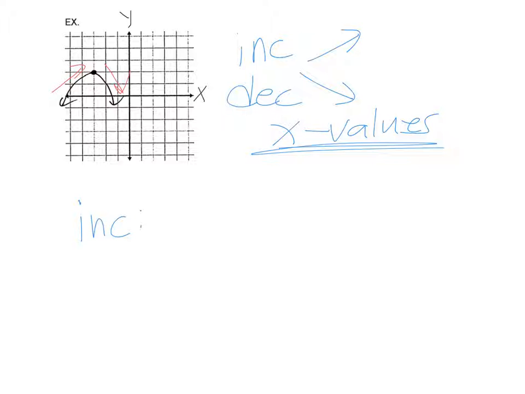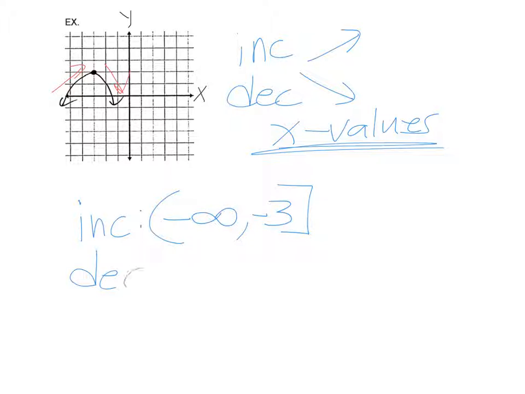Increasing from left to right, it's coming from the left forever, which is -infinity. And always parentheses on infinity. It continues increasing until it gets to the top of the hill, where x is -3. It's solid there, so you'll want to put a bracket.